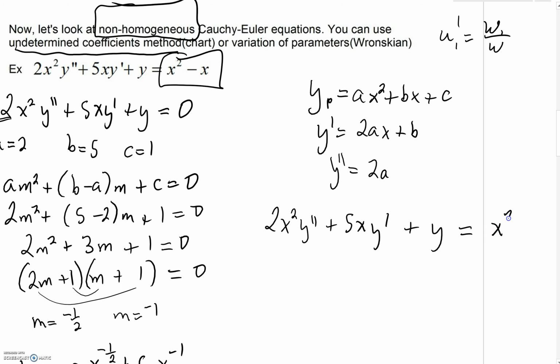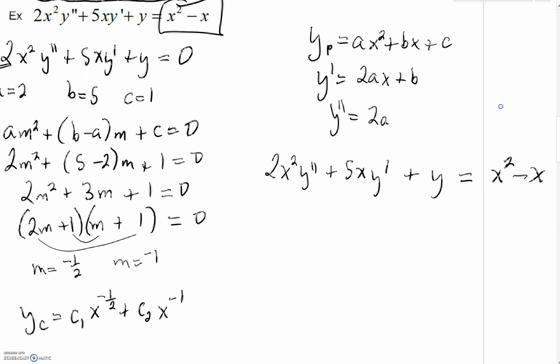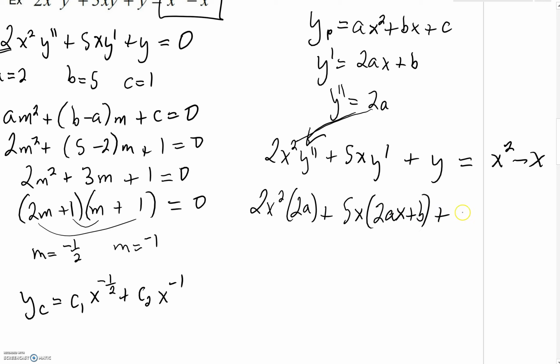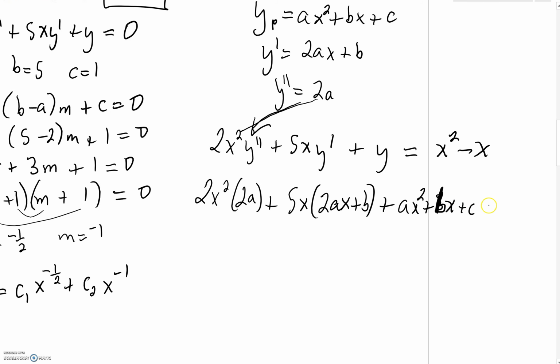The right-hand side now would have your x squared minus x, and let's just see what happens when we plug this in. We're going to plug that in for the second derivative. We'll have 2x squared times a 2a. We'll have here's 5x times, well, here's a 2ax plus b. Here's your y, which is maybe the lengthiest piece of the puzzle here. We'll have our general quadratic form, and then we'll have our x squared minus x.